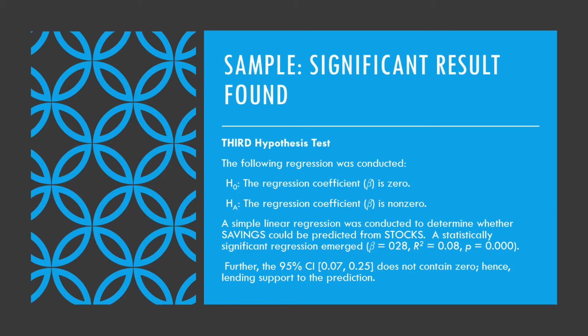Further, the 95% confidence interval of 0.07 to 0.25 does not contain zero, hence lending support to the prediction that a significant result could be found between these two variables. And we also showed our p-value was less than the alpha, which is 0.05.